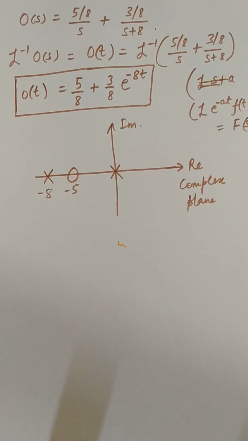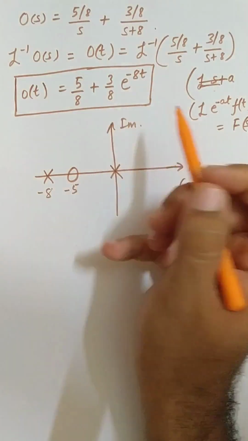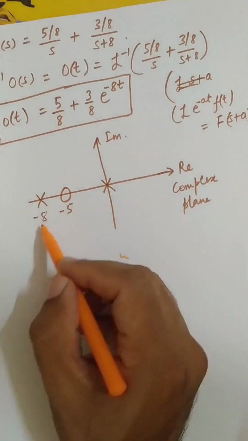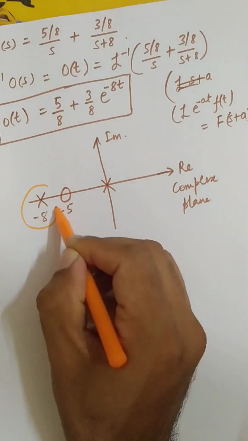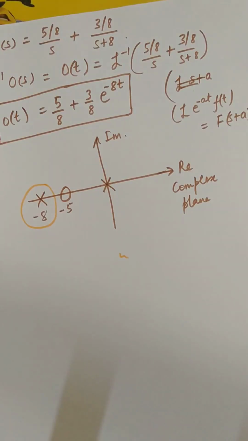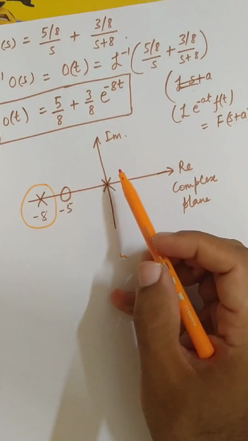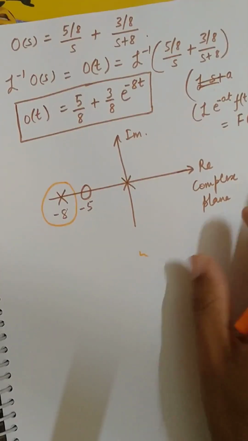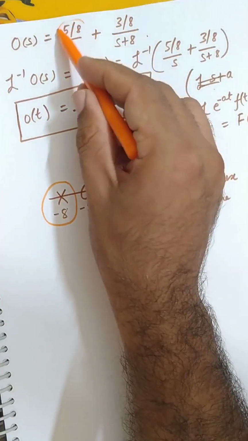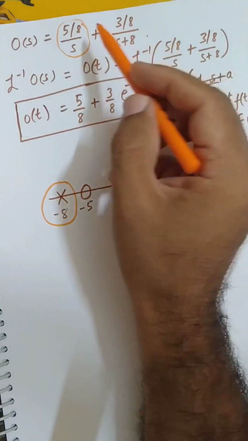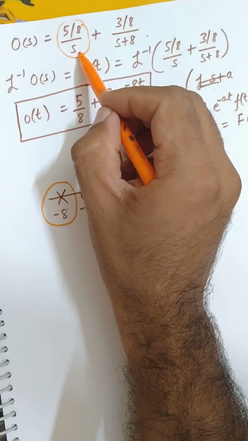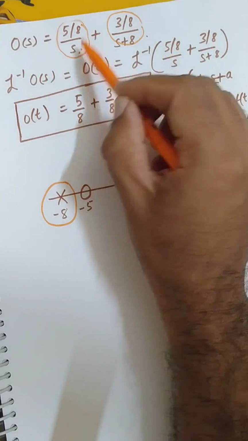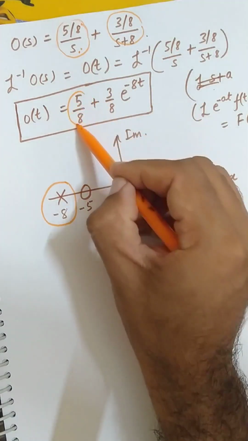So now if I try to analyze the response, you will see that the system pole is at -8, right? And when I did the partial fraction, then this part was the pole due to input function, and this was the system part, right? And inverse Laplace transform, this led to 5 by 8.